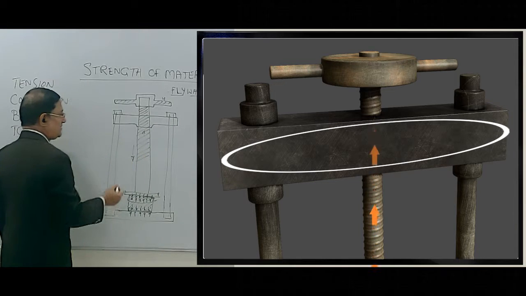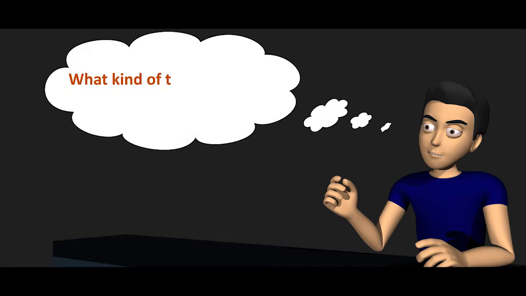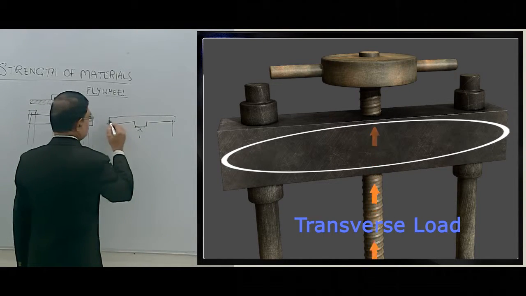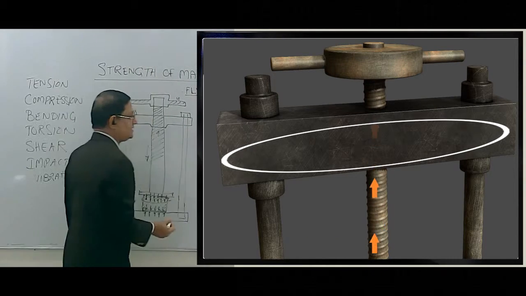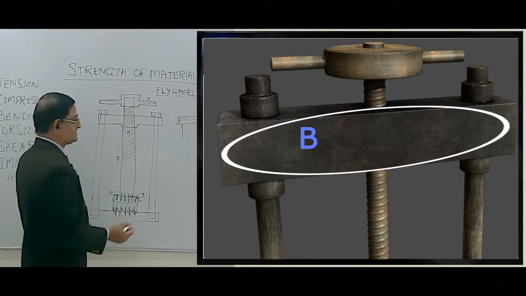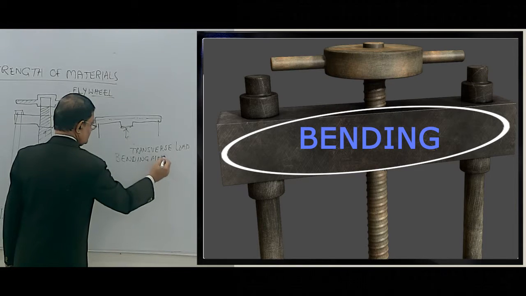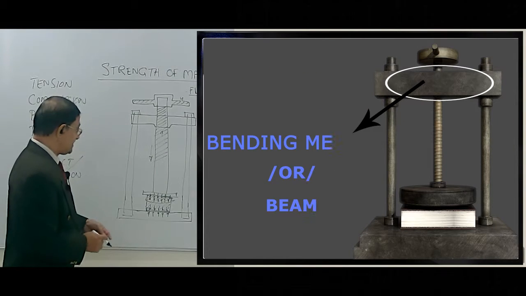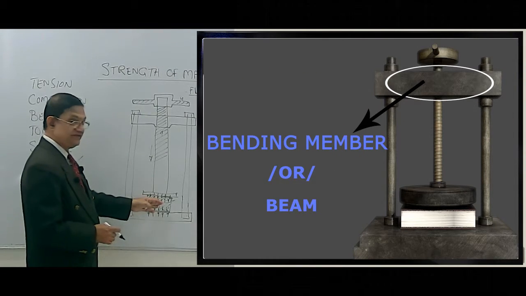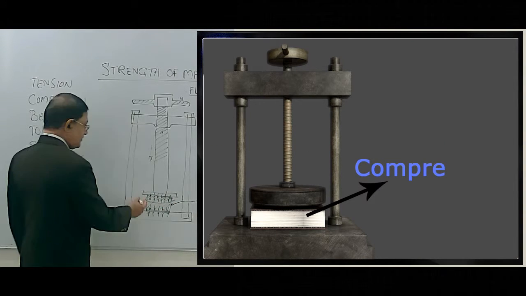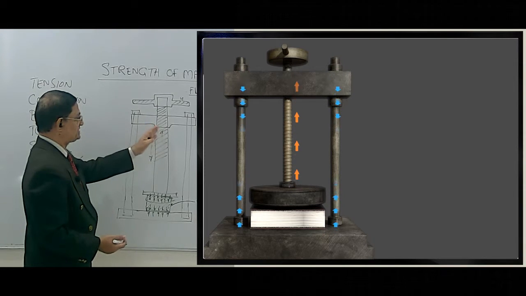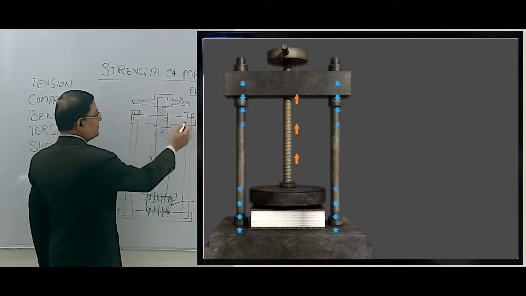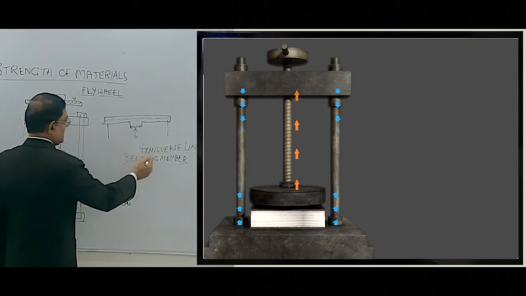top arm in the form of... What kind of load is acting on the arm, sir? A transverse load to the axis of the top arm. This transverse load will cause what is called bending, and the top arm will be a bending member. The reaction from the material which is under compression will be pushing the central shaft upwards, and in turn the top arm is subjected to a transverse load.